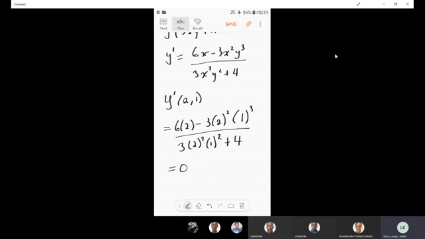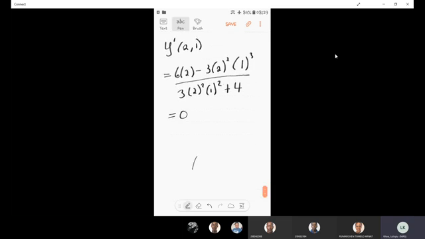Because remember, the gradient of the tangent is the same as the gradient of that point. So that means if you have a curve like that, if you draw the tangent at that point, it is a horizontal line. Okay, so this could be a maximum point or a minimum point, like that. Okay, do we have any questions? Are we fine?